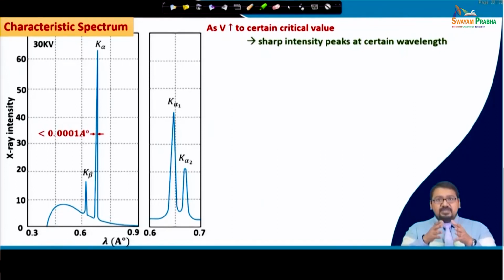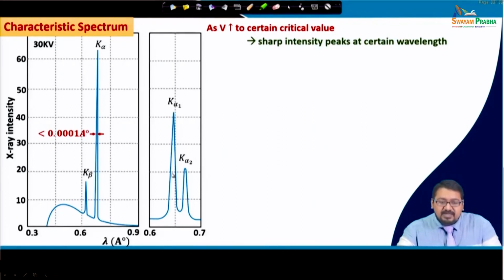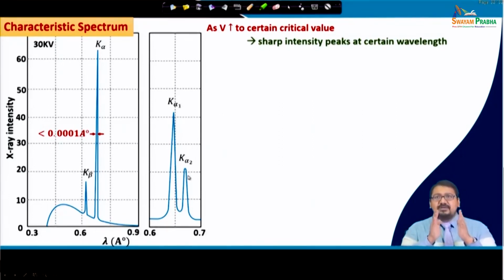The integral width of K alpha and K beta is actually very small, and therefore it belongs to a certain specific wavelength. Now, if we magnify further, we can see that K alpha is not a single line and does not have a single intensity, but it may have two different intensities, K alpha 1 and K alpha 2, very closely but separated.